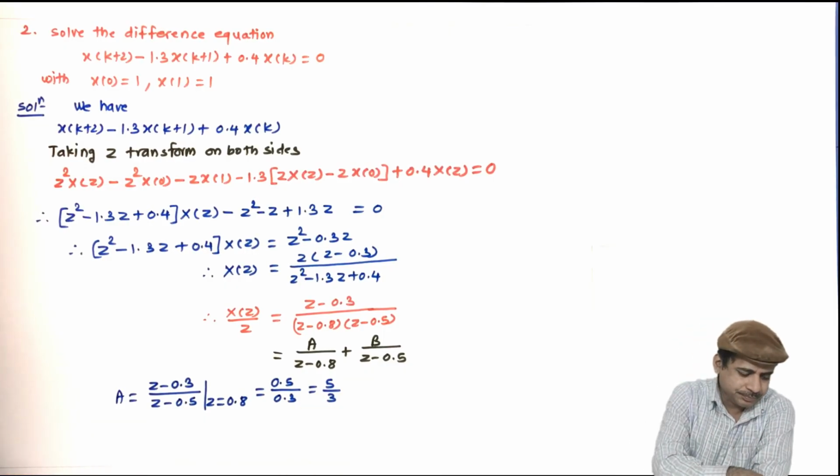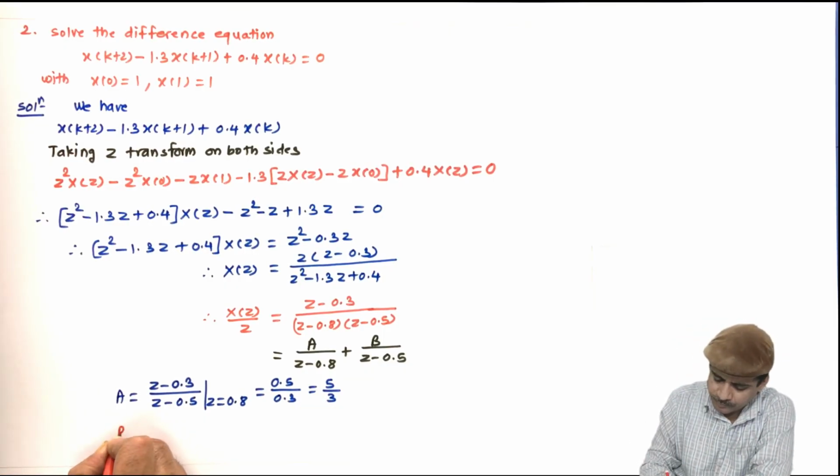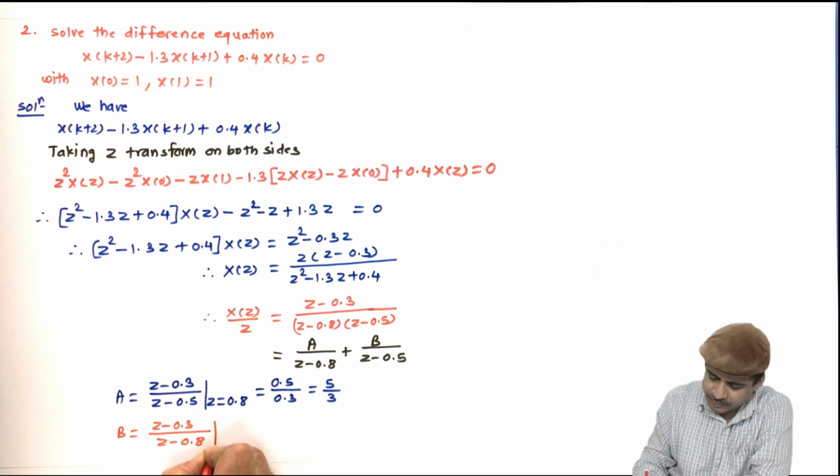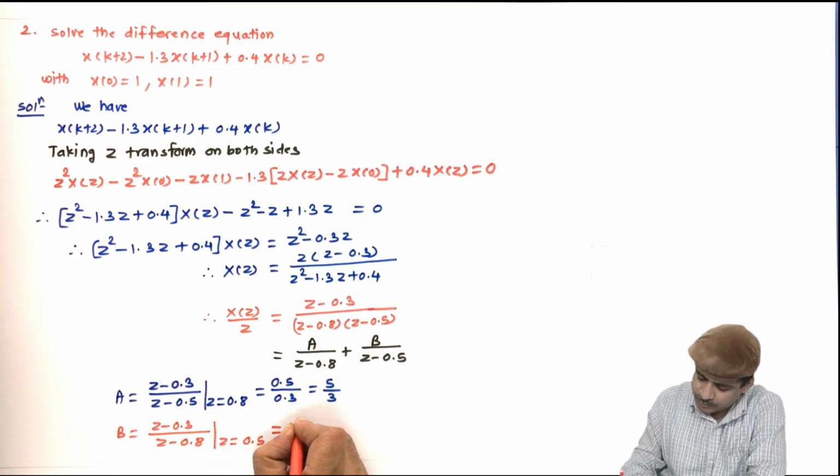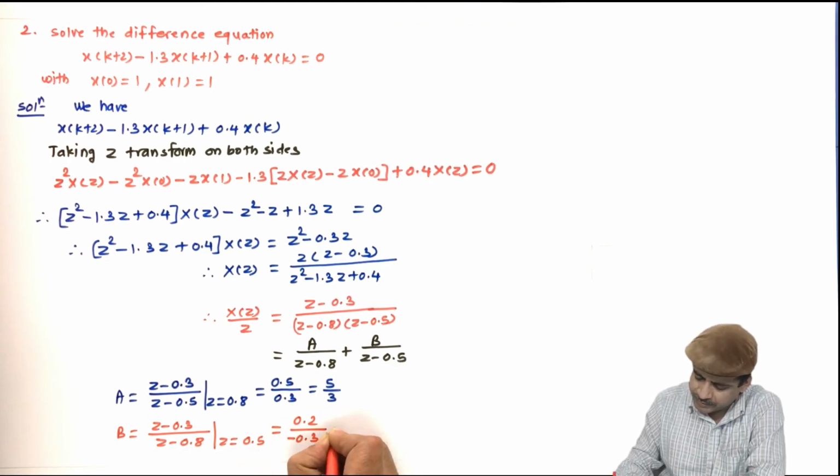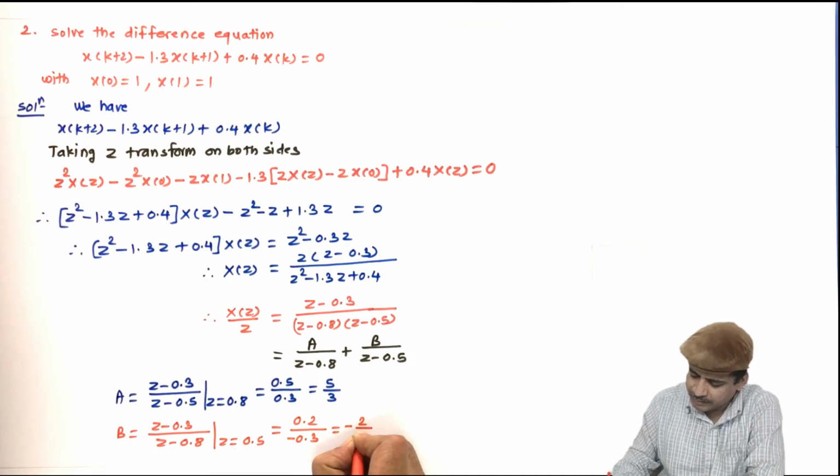And b is z minus 0.3 divided by z minus 0.8 with z equal to 0.5. So this is equal to 0.2 divided by minus 0.3. So it's minus 2 by 3.